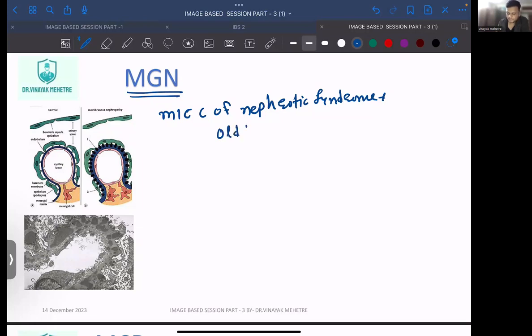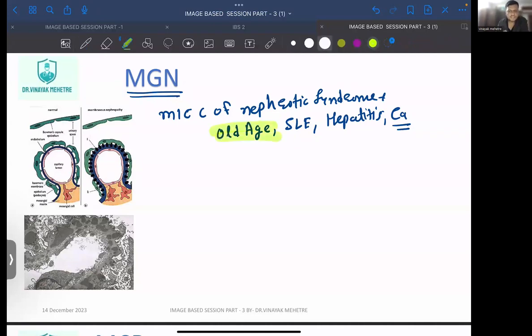Old age. Yes, elderly. SLE. Hepatitis. Sorry, not HIV, it is hepatitis. And cancer. In short, all the old people. In adults, when you don't know the answer from nephrotic syndrome, the answer is membranous glomerulonephritis.